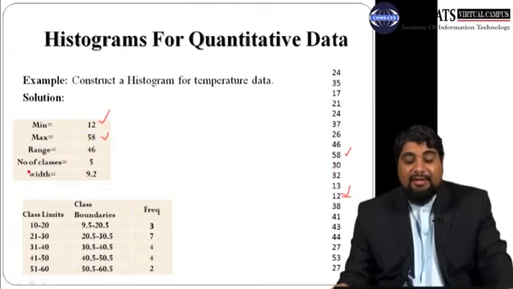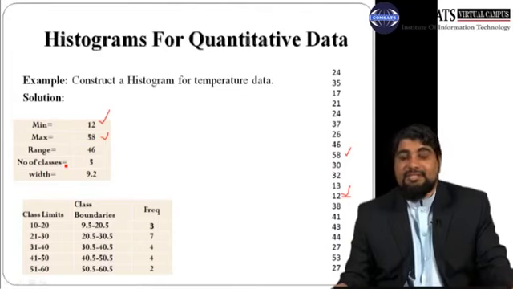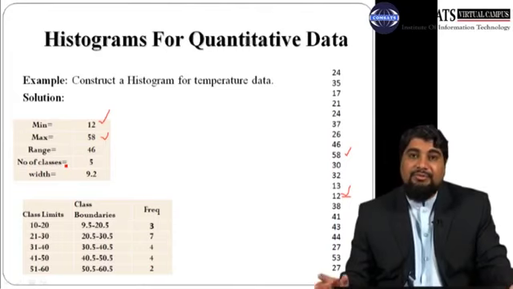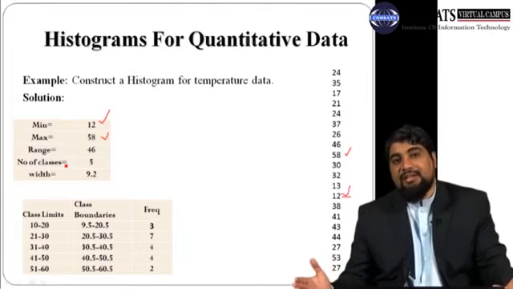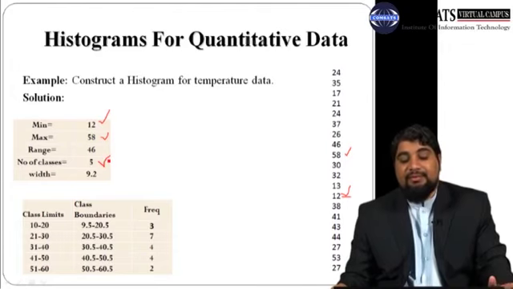And then the number of classes: how many classes you want to construct. This is up to you. Usually the number of classes should be between 5 and 15. It should not be less than 5 or greater than 15. Let us choose the number of classes as 5.